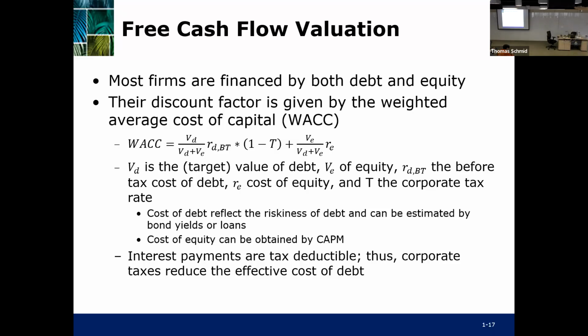So if you have two exactly identical firms, but one is only equity financed and the other one is 50% equity, 50% debt financed, they have exactly the same cash flows, sales, cost, everything exactly the same. The one with debt and equity financing will have higher profits after taxes because they pay fewer taxes. Again, because interest payments reduce their profits, the basis for their taxes goes down.